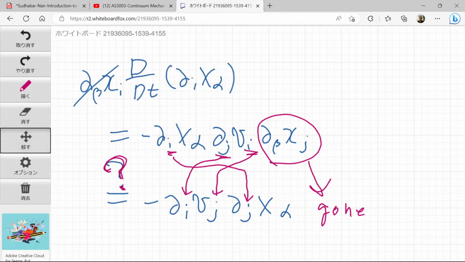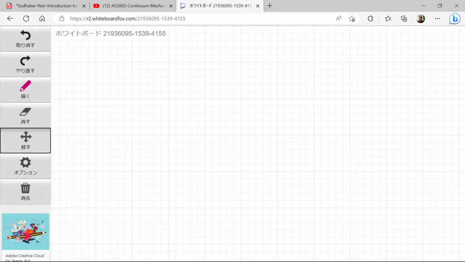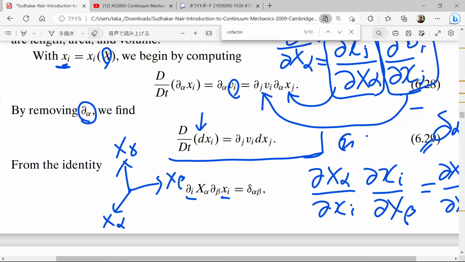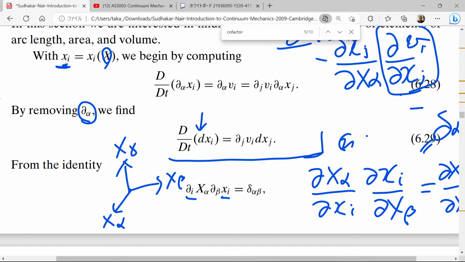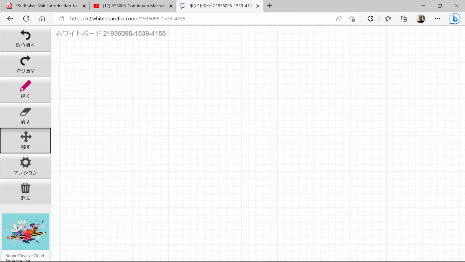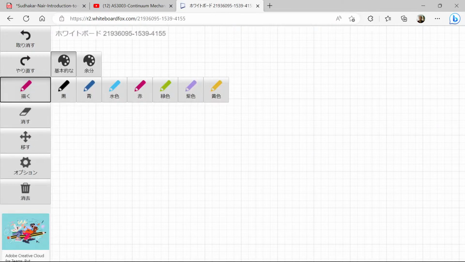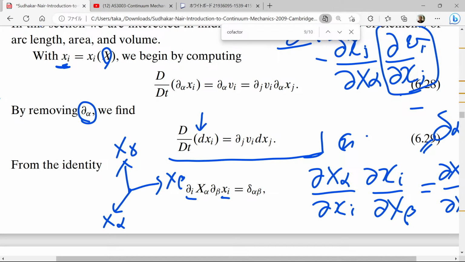See, let me see. What they say is this. So with this kind of textbook, if something is not clear, it takes a long time to understand. It's a big problem. I can summarize what they say.